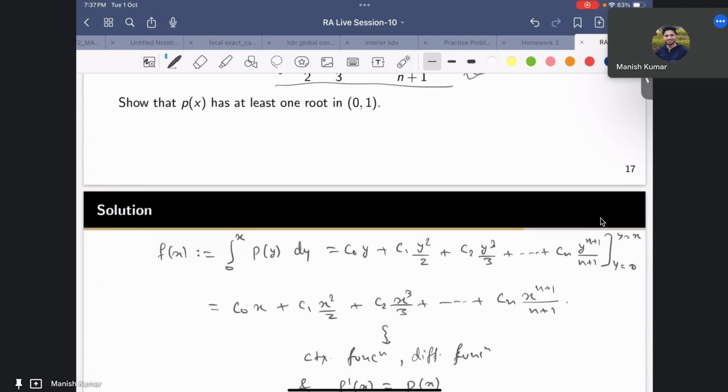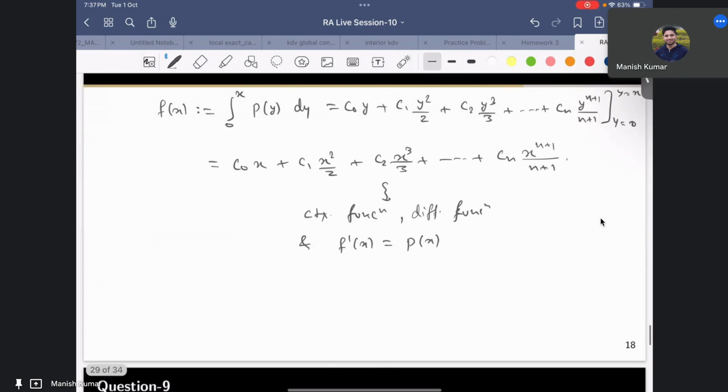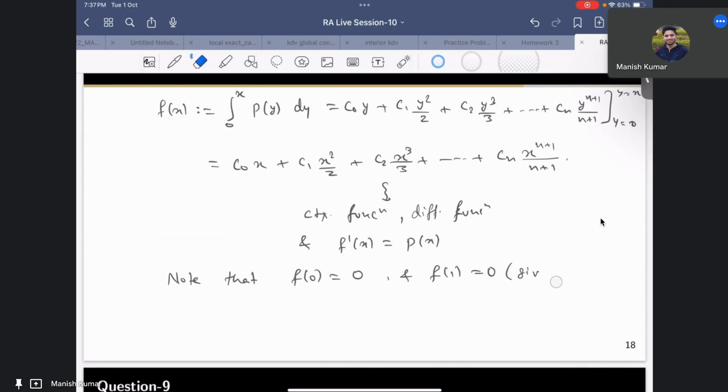So note that f at 0 is equal to 0 and f at 1 is also equal to 0. This is due to the given condition.